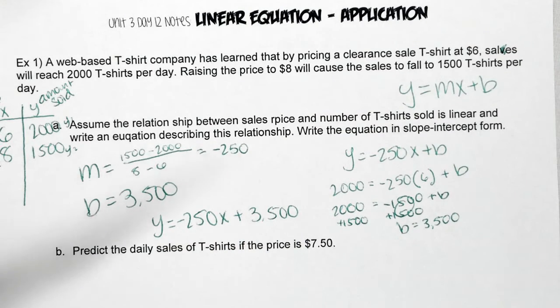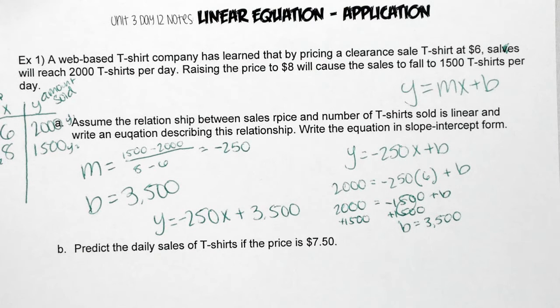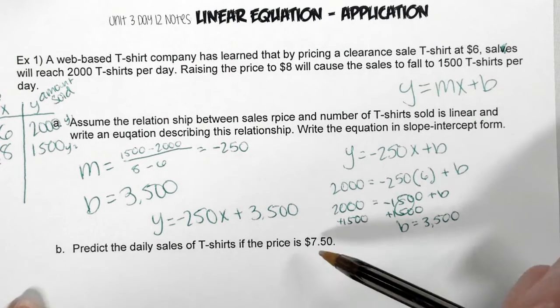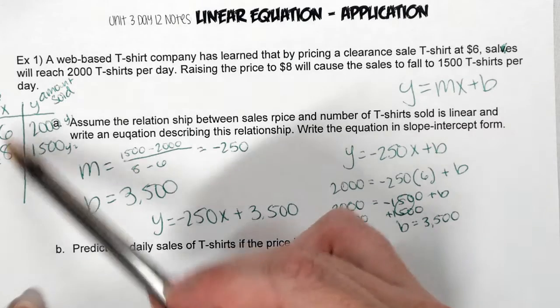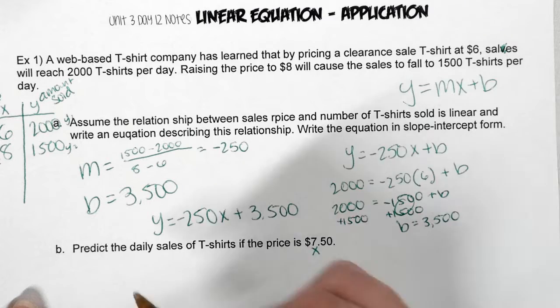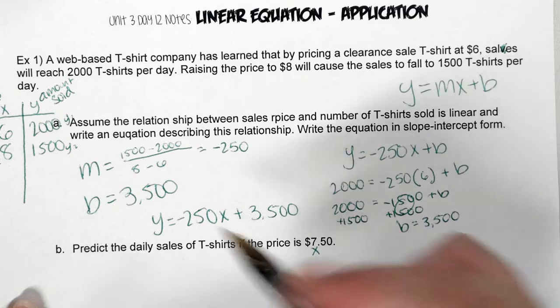And so now I'm going to use that formula. It says predict the sales of t-shirts if the price is $7.50. Well, price was my x, so this is my x. And I'm looking for the amount of sales, so I'm looking for my y.